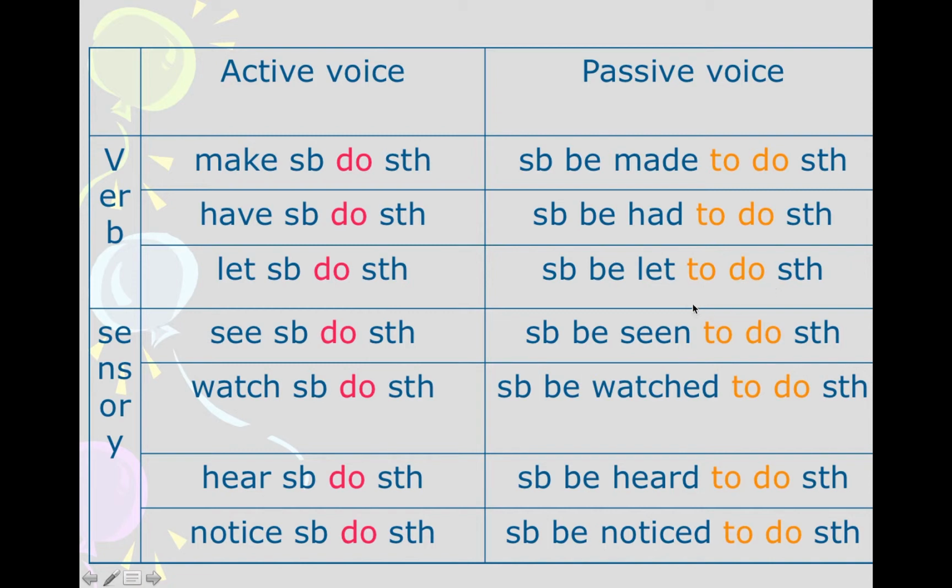This is only to help you guys know how to change the passive voice. So a little table, if you're interested, you can record this. This is important, easy, simple, very clear. So let's go to the next page.